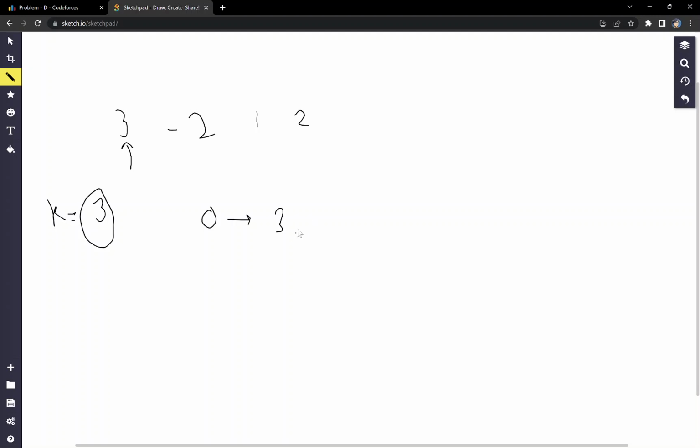It will remain 3 even after it is increased by minus 2. Then it will increase by 1, so it will become 4, and then it will increase by 2, by which it will become 6. So this is the optimal value of 3, by which we will get the maximum rating at the end.